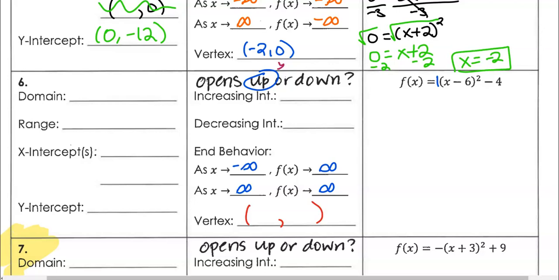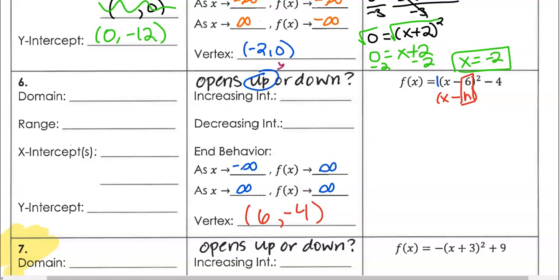Negative 6 is in the parentheses, and when you pull it out, it becomes a positive 6. And then my k value on the end is negative 4. Remember, this is x minus h, so h is 6.